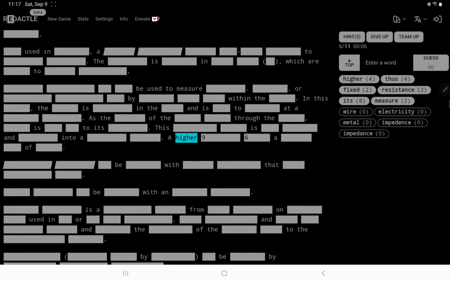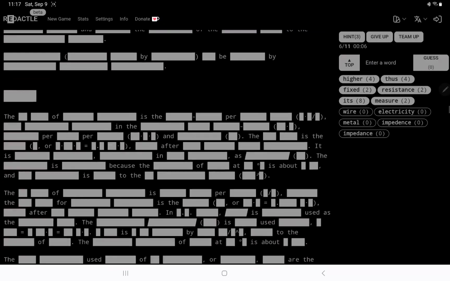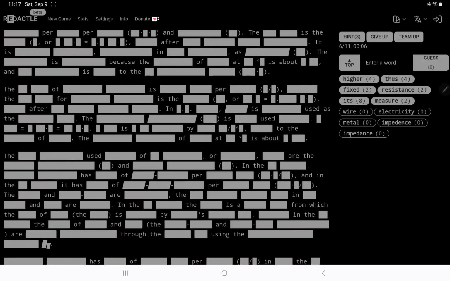A higher 9. Okay, we have something to the power. Oh, so we do have some temperatures. Is about 1 and then a 3-letter unit.